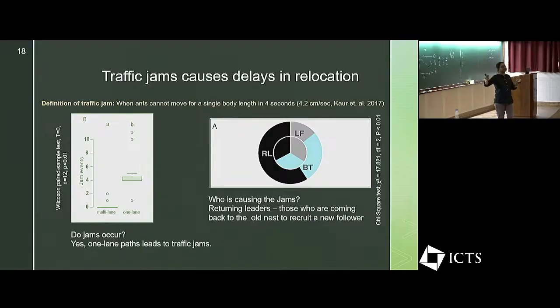So if you're foraging and just bringing food back from one place to another, then okay, if you're stuck in jam, it has one meaning to it, right? However, if your entire colony is at stake, then the selection forces would be much higher. So the definition we used is when ants cannot move for a single body length in 4 seconds, then we call it a jam. Right?